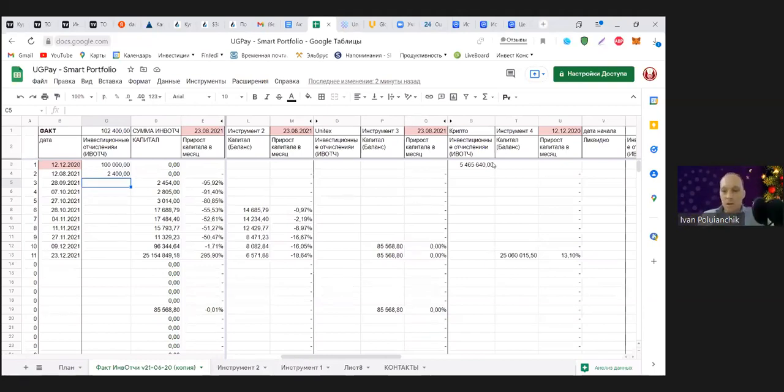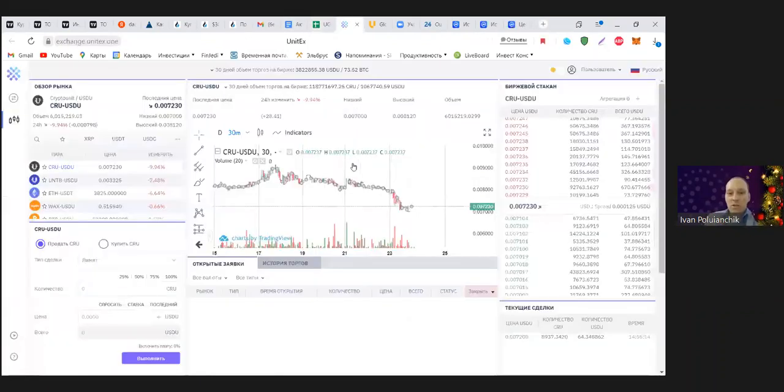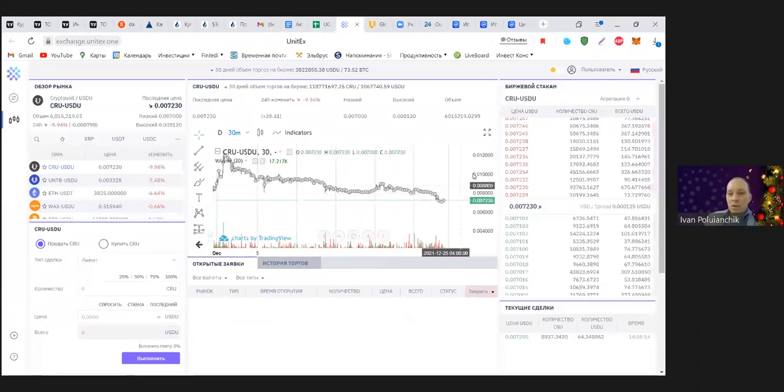And now ask yourself a question. If we saw the 5 times increase of the cryptocurrency part of the portfolio, WCRU, it was times 5 in 1 year, whereas the CRU token can be exchanged into WCRU token 1-to-1.